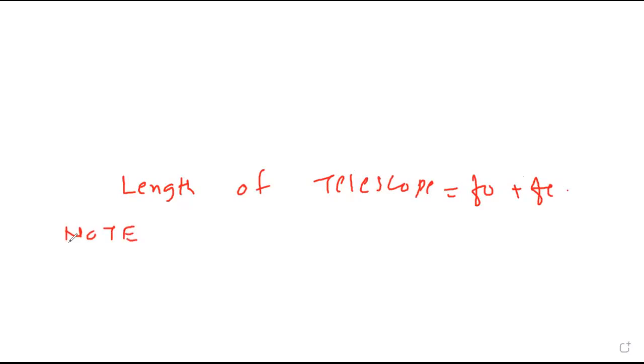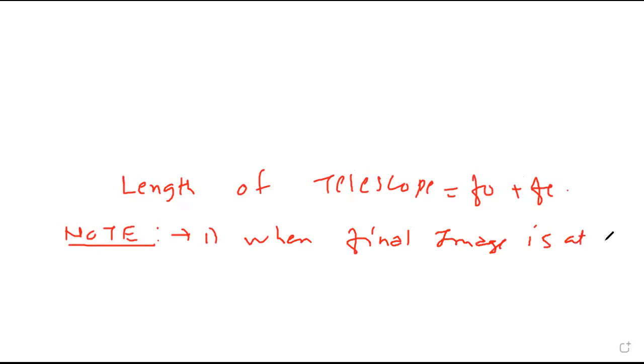Note, when final image is at D, meaning distance of distinct vision, then magnifying power is minus FO upon FE into 1 plus FE upon D. This part we don't have in our book, but we can derive this.